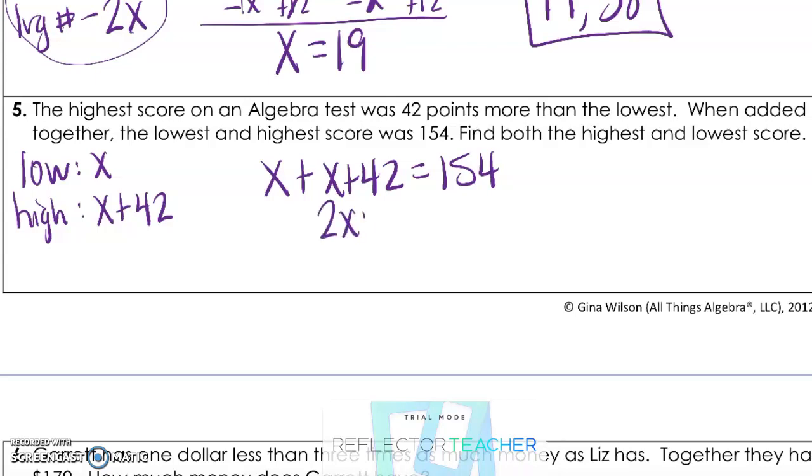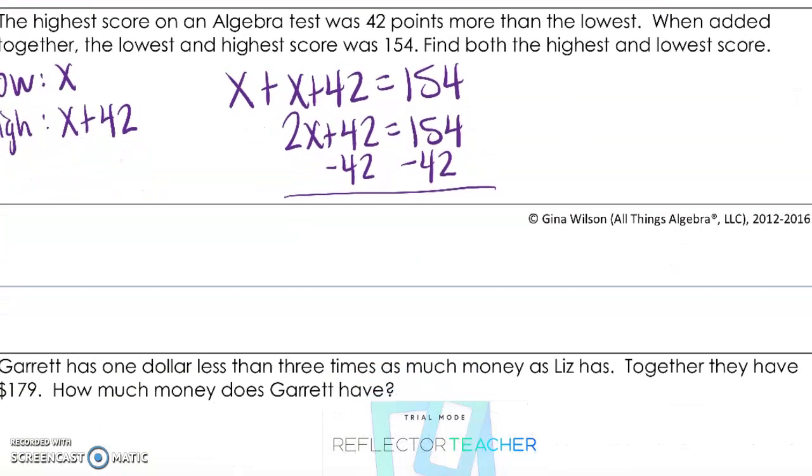So 2x plus 42 is equal to 154. So we subtract 42 from both sides, and that gives us 2x equals 112.